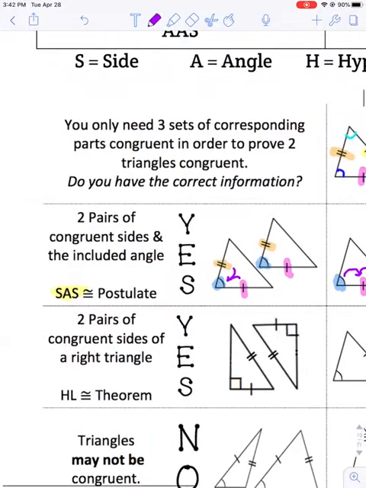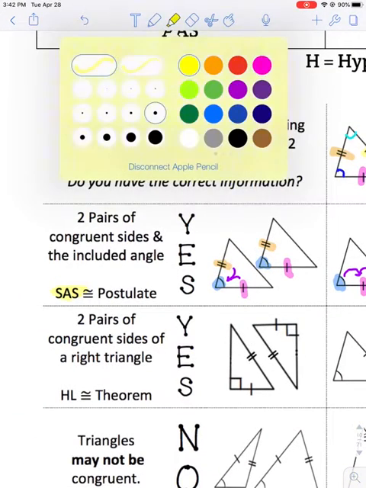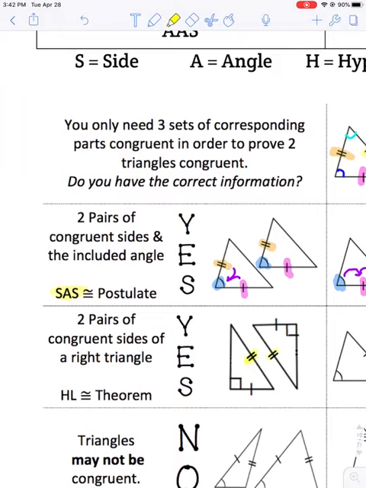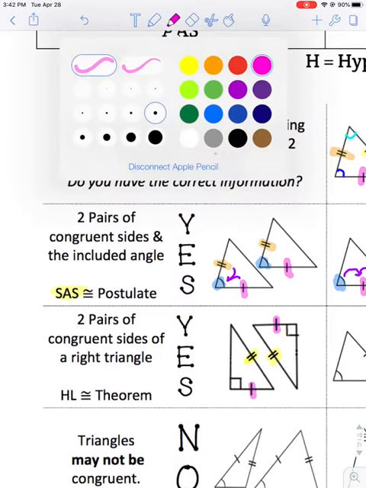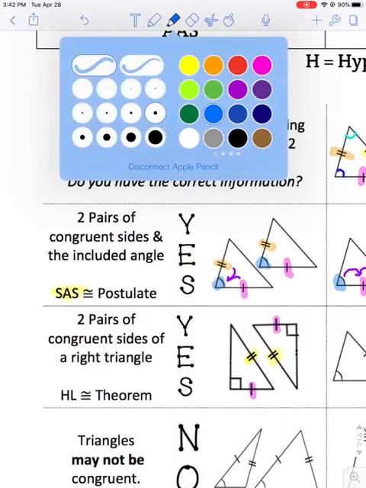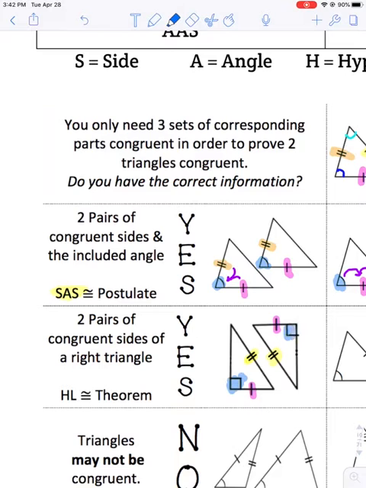Hypotenuse leg. So this means if you have a right triangle, and if you know that the hypotenuses match, and you know that one of the legs matches, that's enough to say they're congruent.